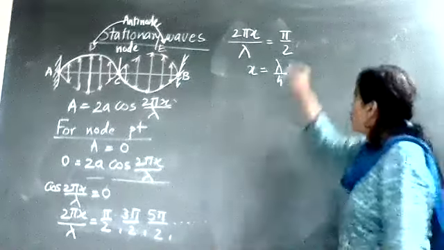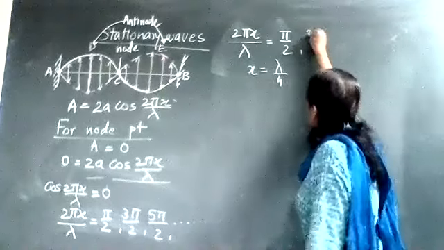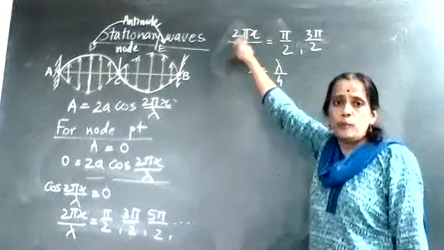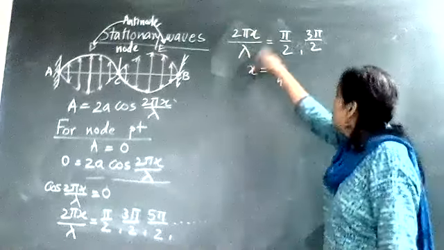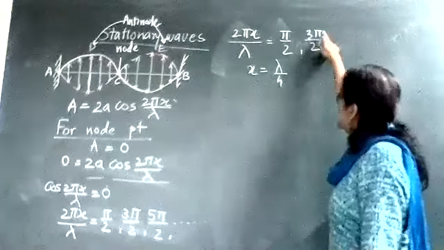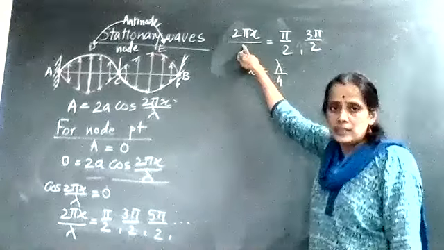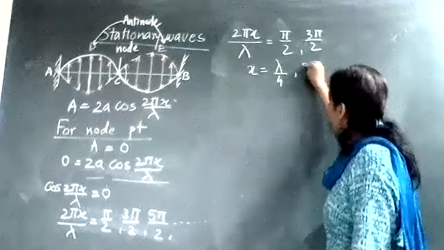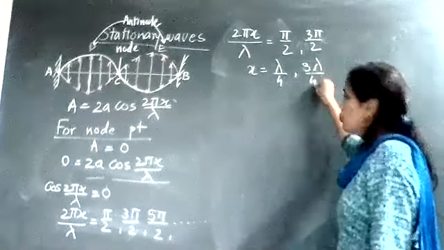Clear? Okay, second value. What is the second value? 3 pi by 2. Means this angle value 2 pi x upon lambda must be equal to 3 pi upon 2. Again this pi value will get cancelled. And then I am getting x is equal to 3 lambda by 4.